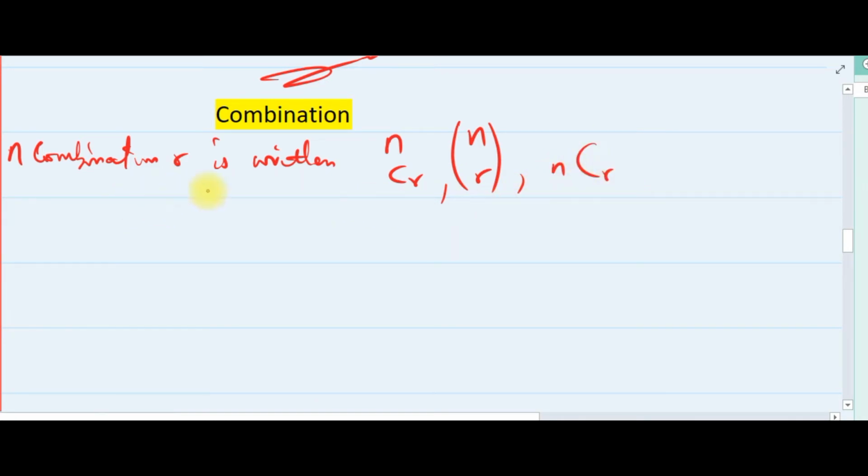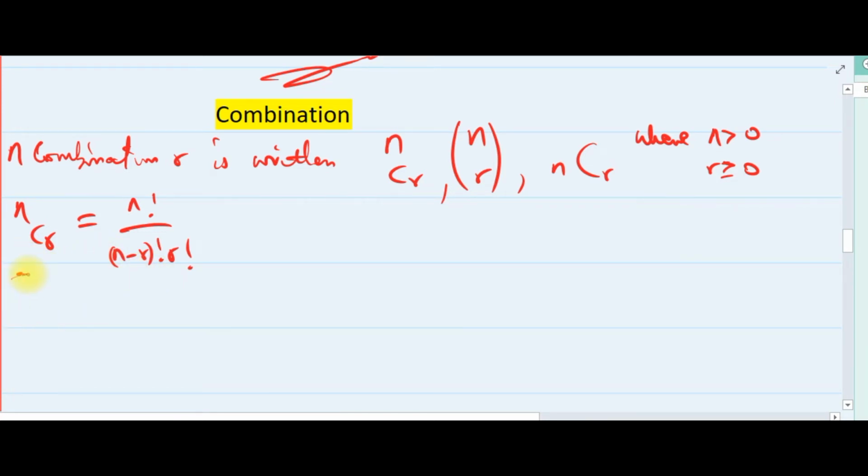That means n combination R, where n must be greater than 0 and R is greater than or equal to 0. And how do you expand this? n combination R is written as n factorial over n minus R factorial times R factorial. That's what you have to know.